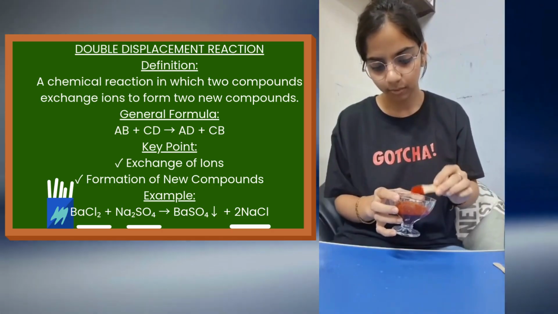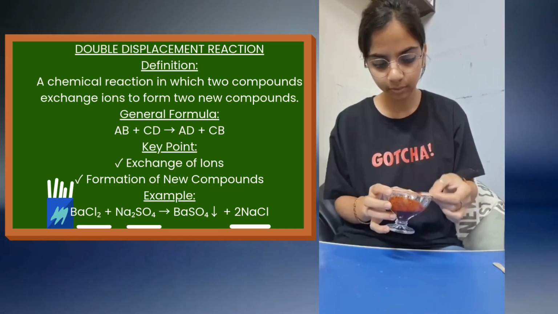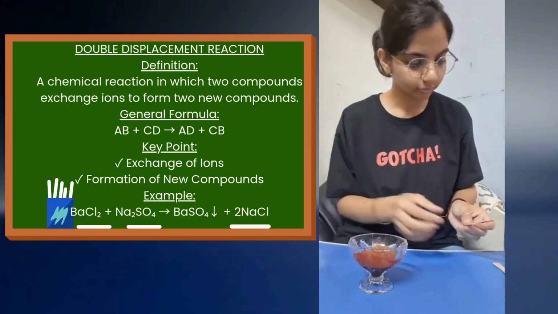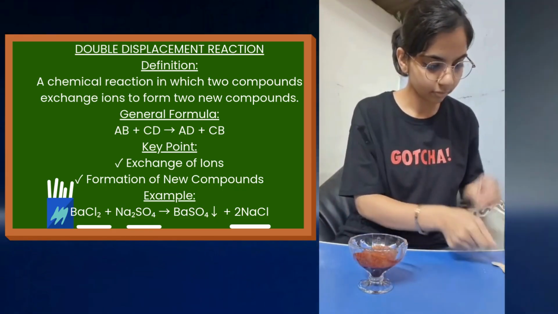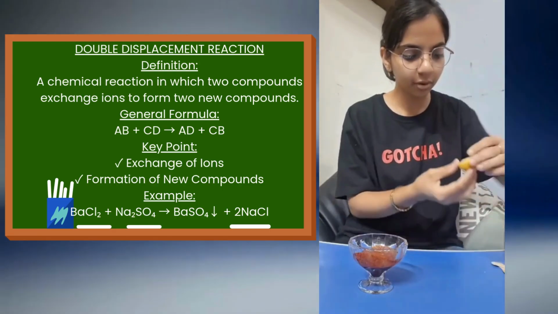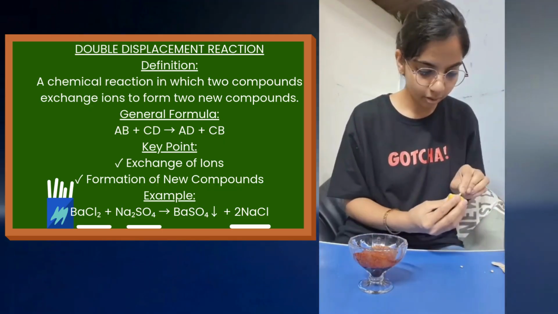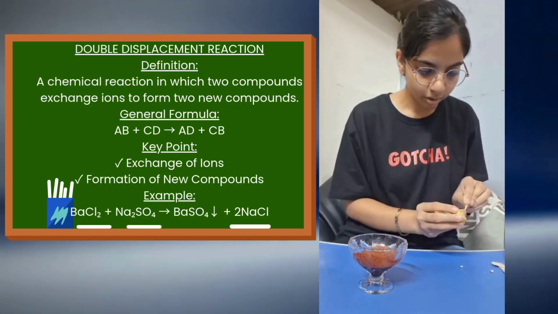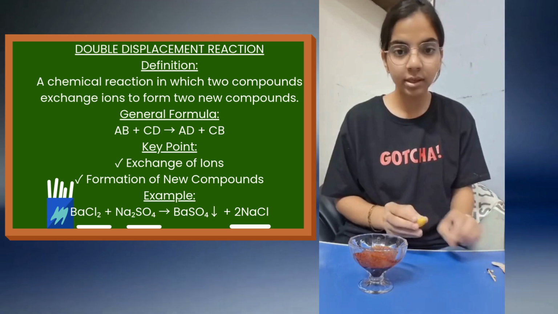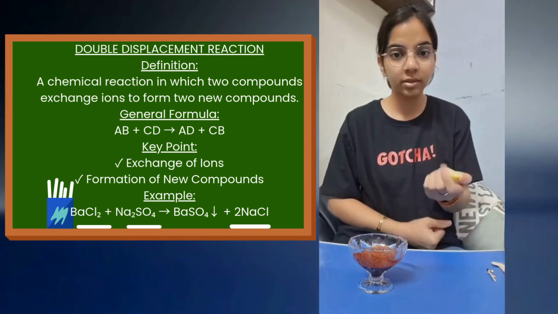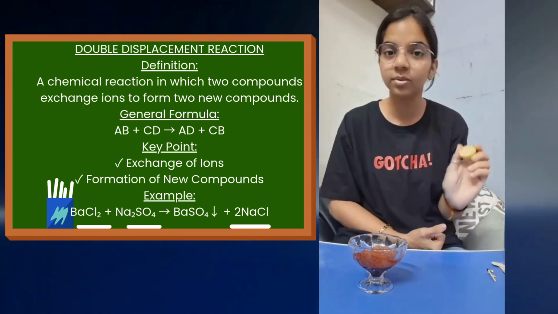Now, what I am going to do? I am going to add some drops of lemon. Now, lemon is acidic juice. Citric acid is present in lemon. It is a citrus fruit, you know.